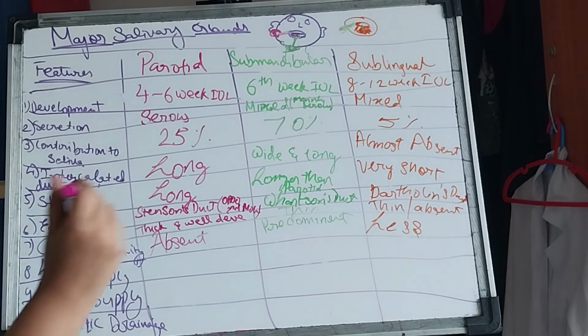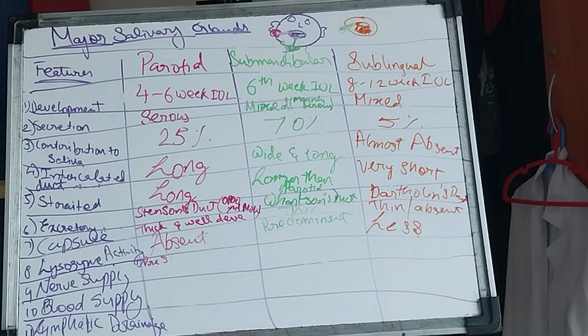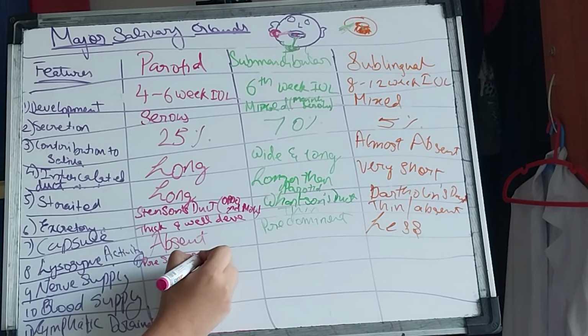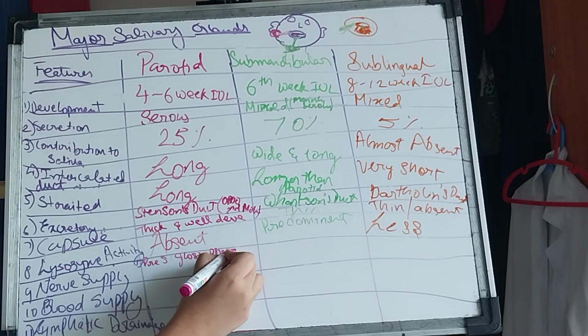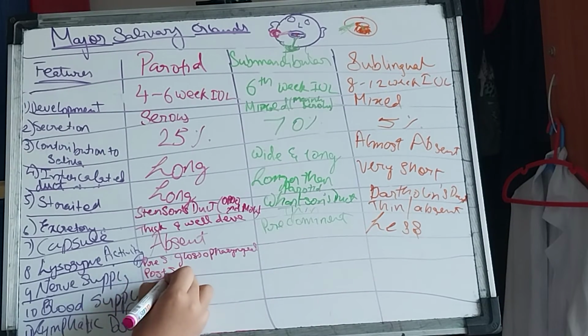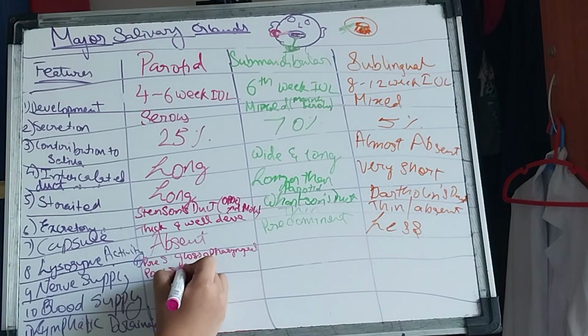So the presynaptic nerve is the glossopharyngeal nerve. And the postsynaptic nerve is the auriculotemporal nerve.